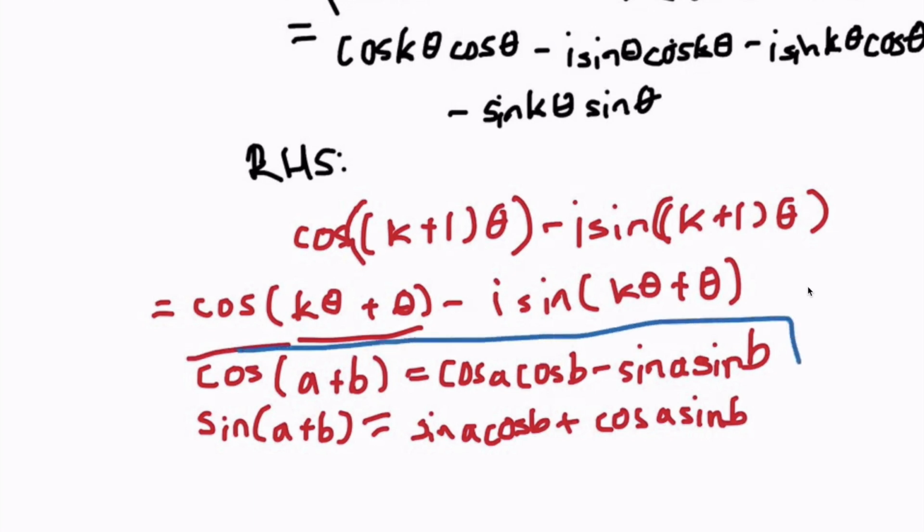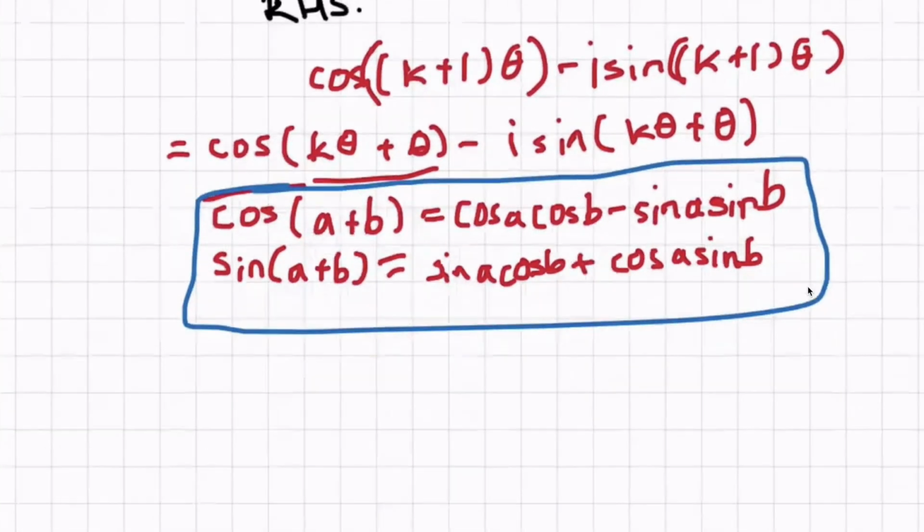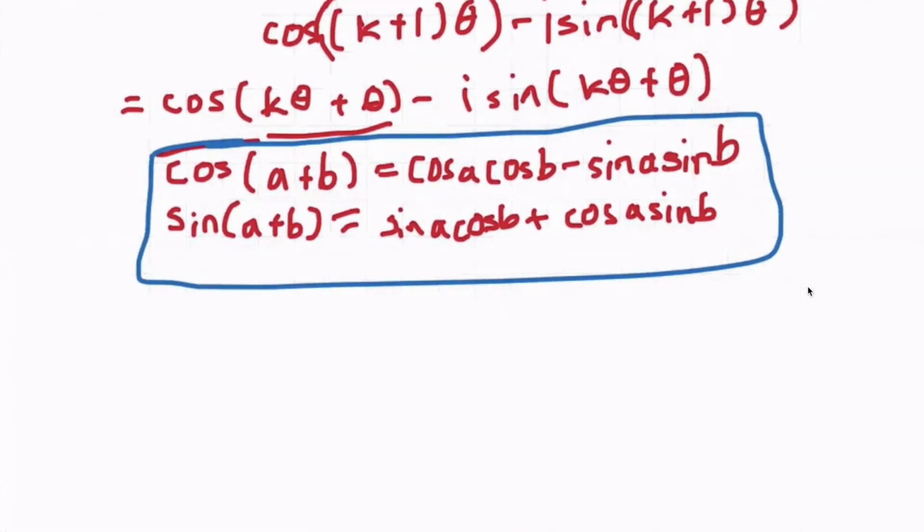These are the two identities that we're working with. So using these two identities, we can simplify the equation that we have here.